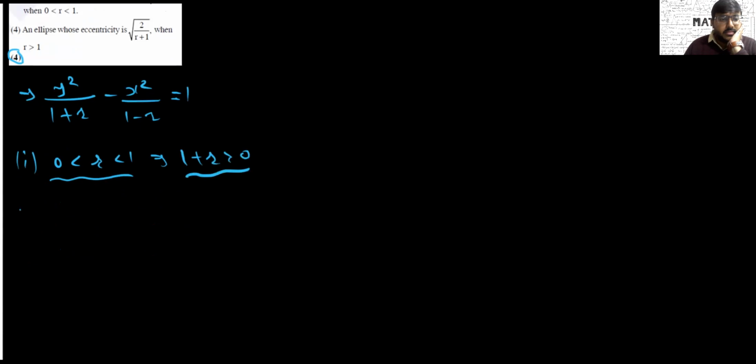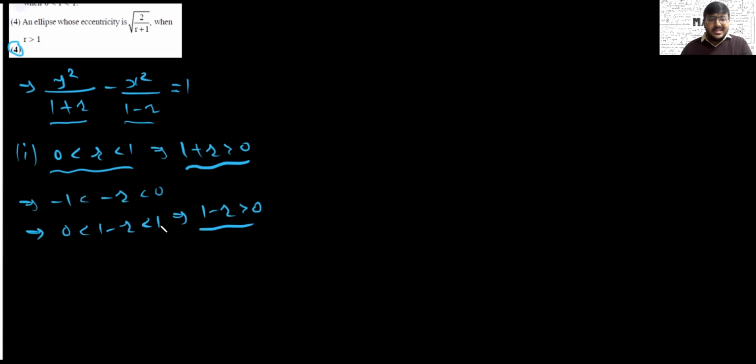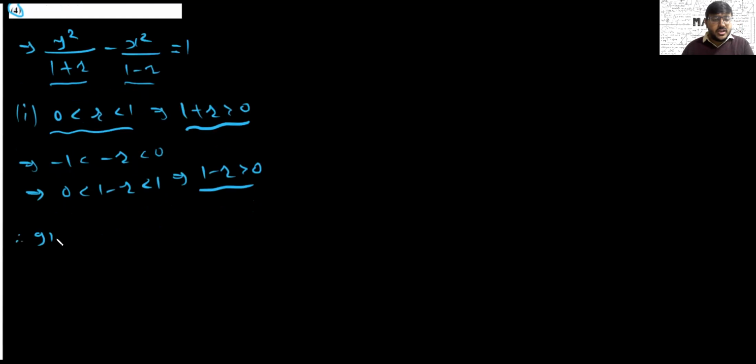Clear. But what about 1 − r? When I multiply by minus, the inequality changes, so 0 < 1 − r < 1. That means 1 − r is also positive. So if 0 < r < 1, then 1 + r is positive and 1 − r is also positive.